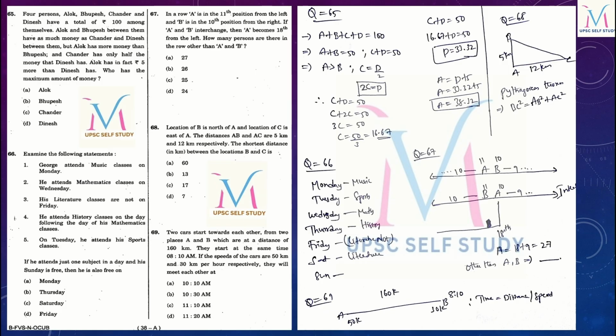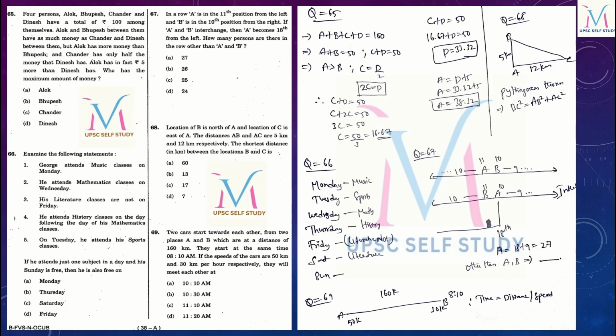If you look at the solution box, I am indicating A plus B plus C plus D is equal to 100, because A is Alok, B is Bhupesh, C is Chandar, D is Dinesh. Alok and Bhupesh between them have as much money as Chandar and Dinesh, so A plus B is equal to 50 and C plus D is equal to 50, because the total is 100 rupees.